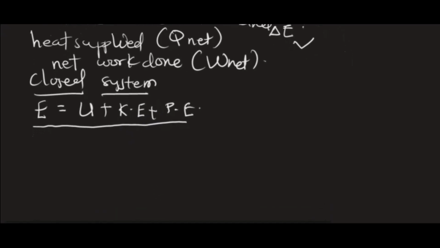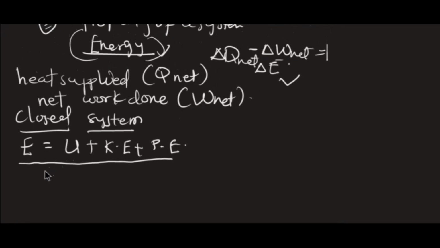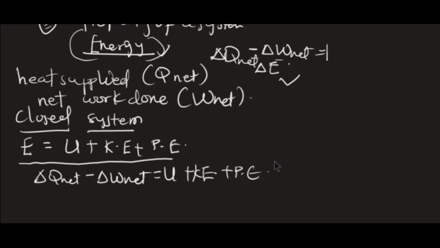Now, to apply the first law of thermodynamics to this, let's see. The total energy here from our first equation is what? Delta Q net minus what? Delta W net. So this will be equal to the total internal energy plus the KE plus the PE. So the first law of thermodynamics is saying that the total energy contained in a system remains constant.